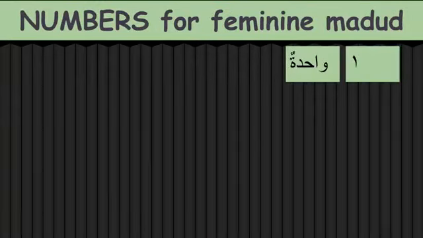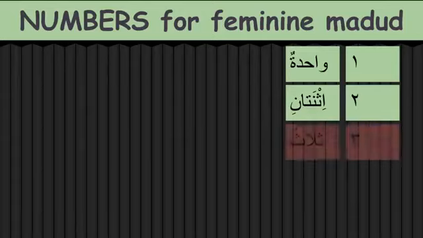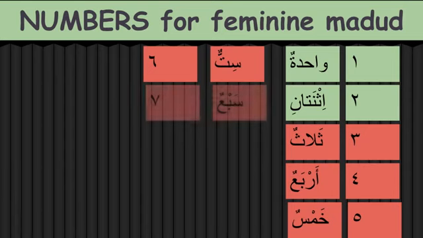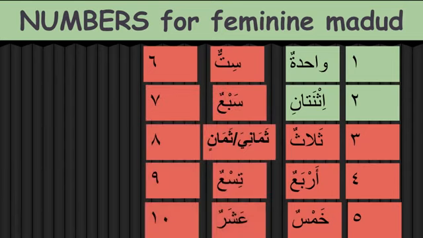Coming to the feminine ma'dud, 1 and 2 will have feminine numbers: wahidatun, ithnatani, the muthanna. From 3 to 10 it will be masculine, without ta marbuta: thalathun, arba'un, khamsun, sittun, sab'un, thamaniyun, tis'un, asharun. So this is the feminine from 1 to 10.